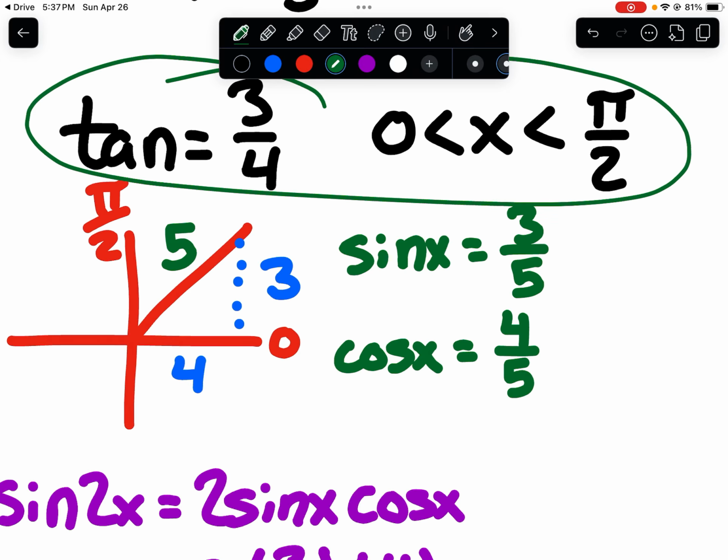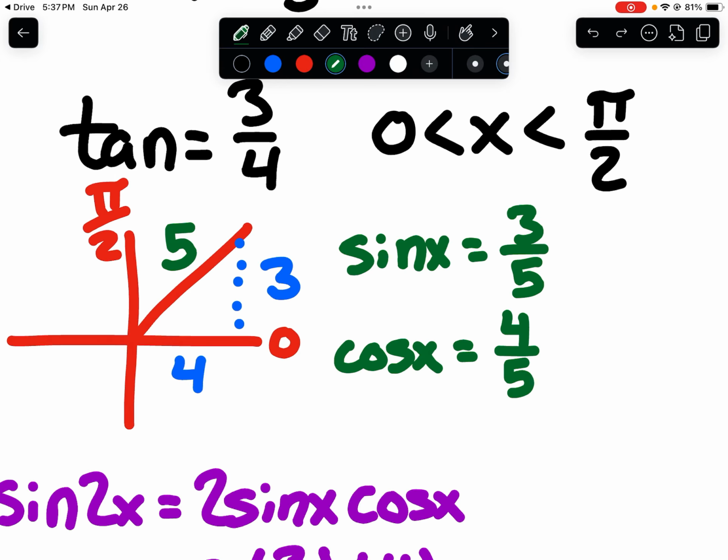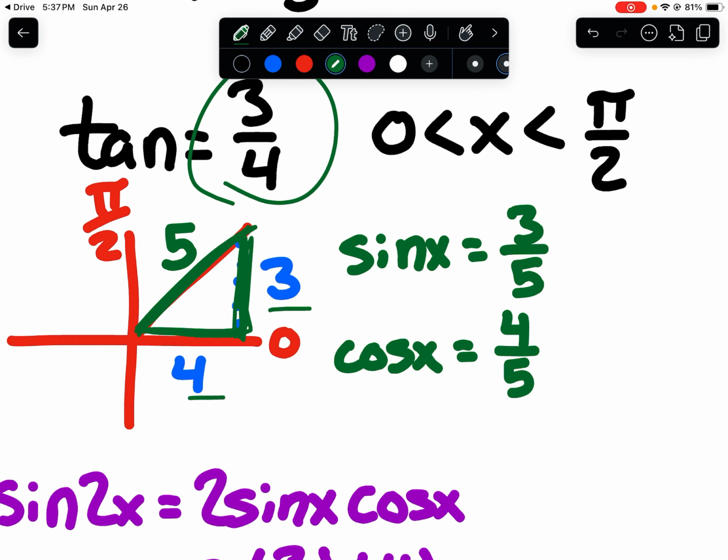So all I did to start with was take that original information given here and use that to get an angle somewhere here in quadrant 1, which ultimately lets us draw a triangle here and use that tangent being 3/4 to label two of our sides, 3 and 4, because this would be opposite, this would be adjacent.